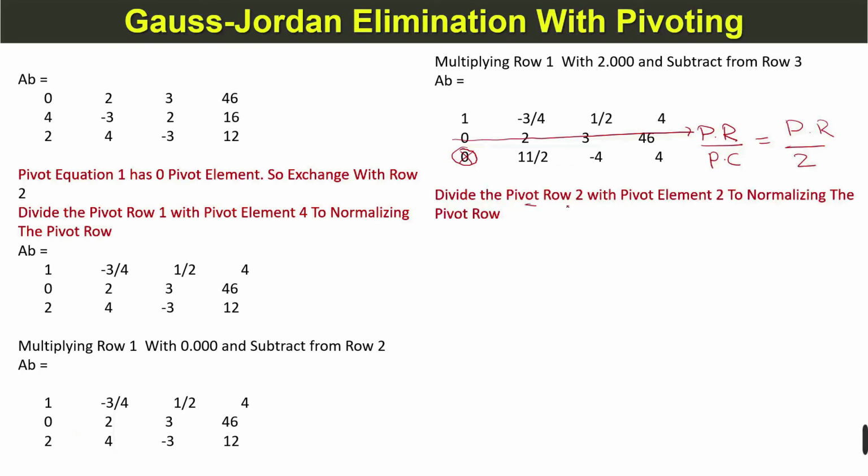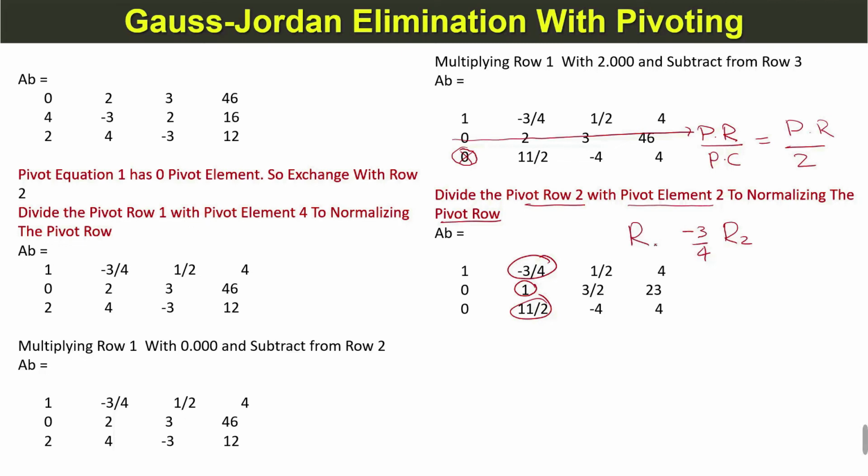So divide the pivot row 2 by the pivot element 2 to normalize the pivot row. So here we have a normalized pivot row. Now we eliminate this one and this one. So we multiply r2 by minus 3 by 4 and subtract from r1, and this will be equal to r1, so this will be updated now.